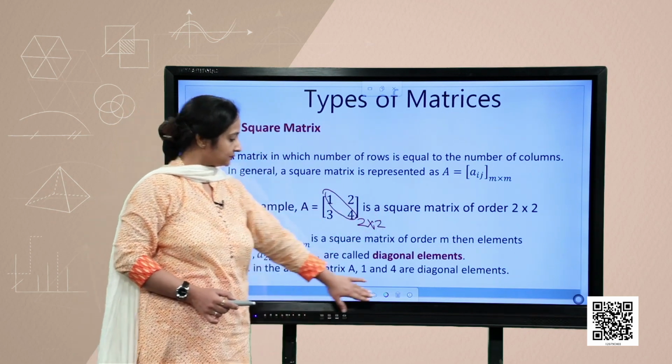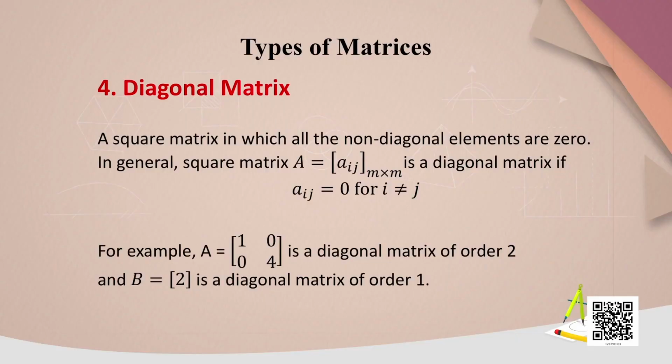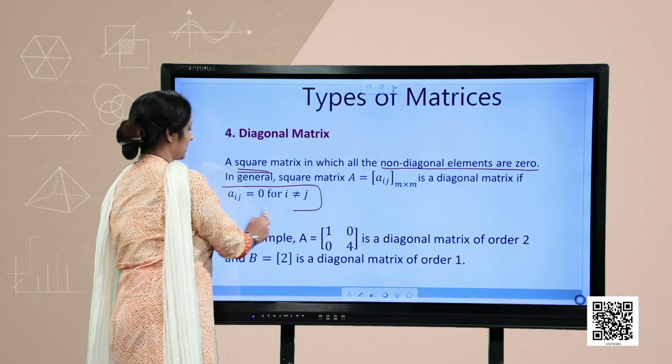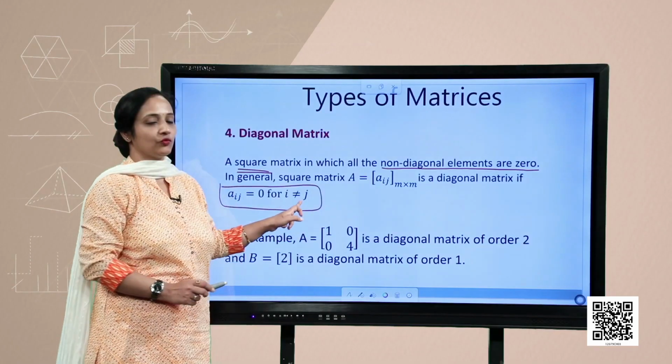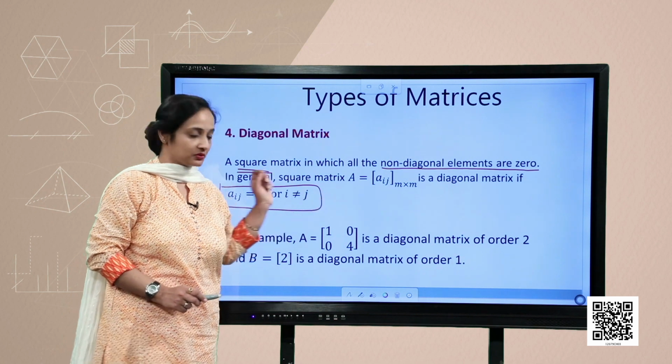The next type of matrix is diagonal matrix. It is a square matrix in which all the non-diagonal elements are 0. In general, you can say that a square matrix A, [aij] m by m, is a diagonal matrix if aij is equal to 0 for all i not equal to j.